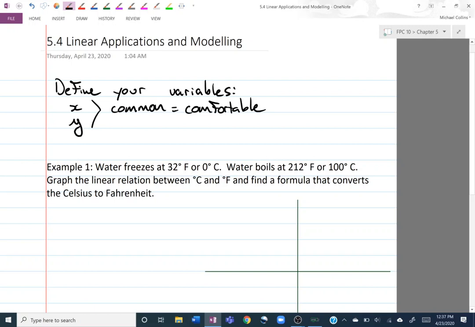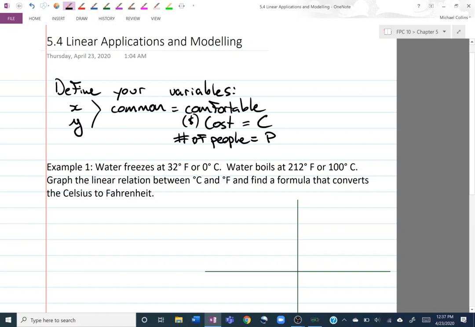For example, if you're talking about cost, instead of x or y, c would be better. And then maybe give it some units, like dollars. If you're talking about number of people, again, instead of an x or a y, a p would be better.